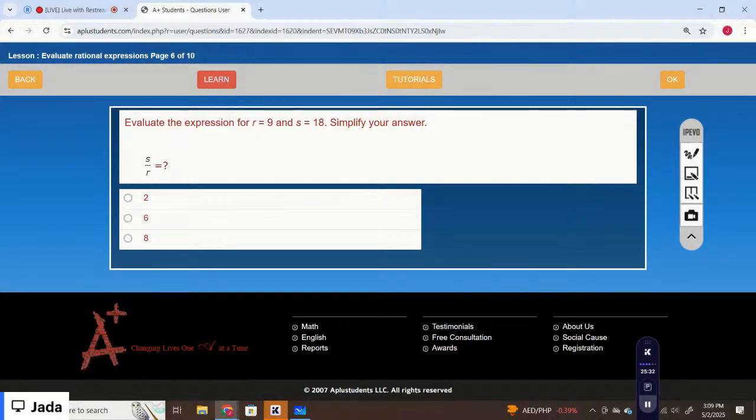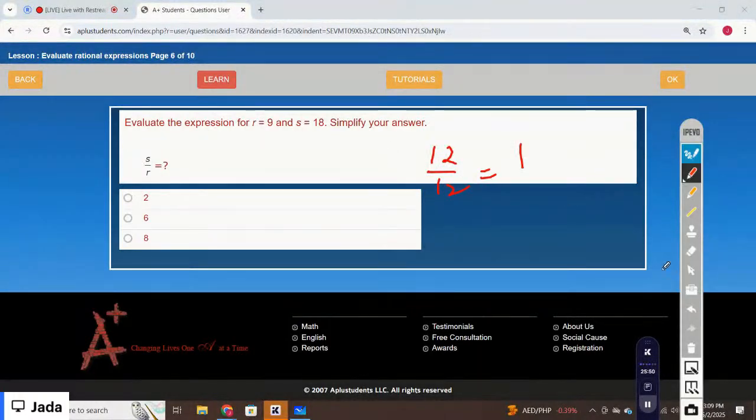Evaluate the expression for r equals 9 and s equals 18. That is, s equals 18, r is 9.